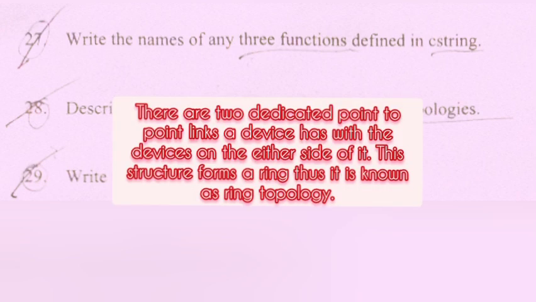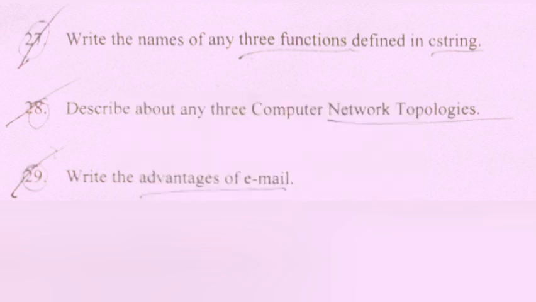4. Ring topology. In ring topology, each device is connected with the two devices on either side of it. There are two dedicated point-to-point links a device has with the devices on either side of it. This structure forms a ring, thus it is known as ring topology.